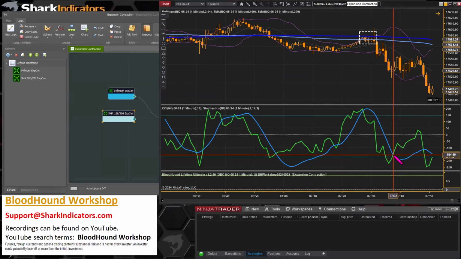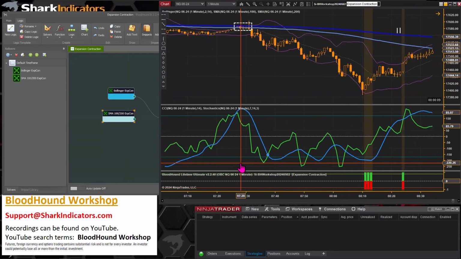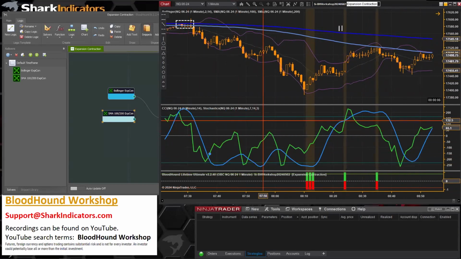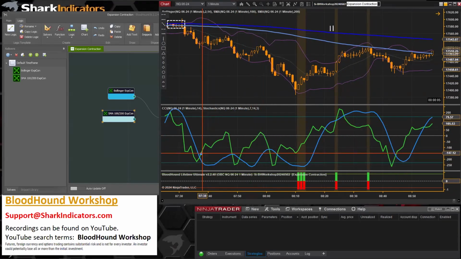So let's put a dot. There we go. Let's put that dot on there. So now if I move this, right, that dot's now in the wrong spot. So that's a good example that the two indicators are mathematically not in alignment with each other. So you can't really do a crossover.